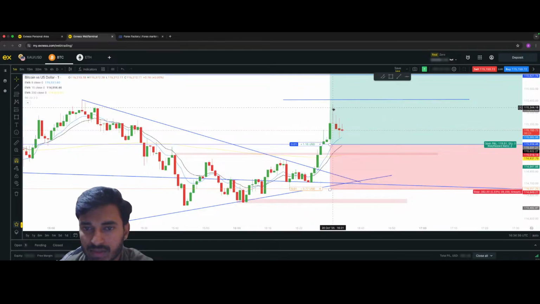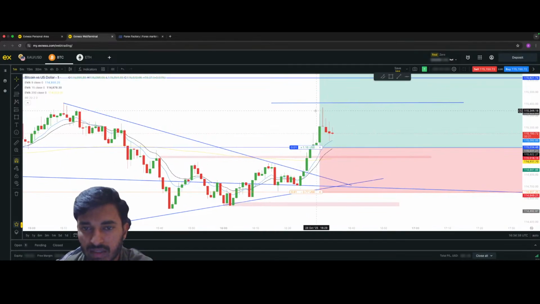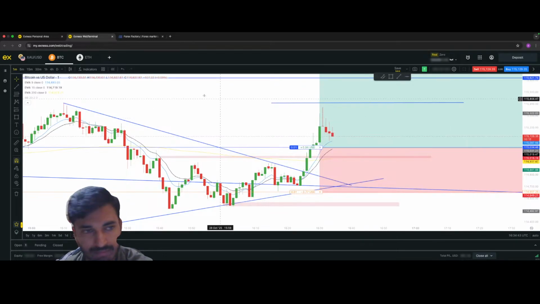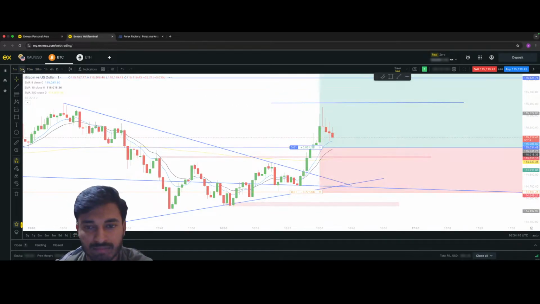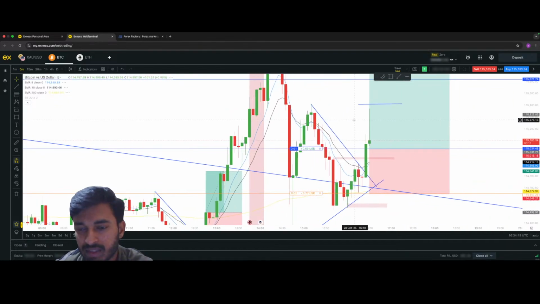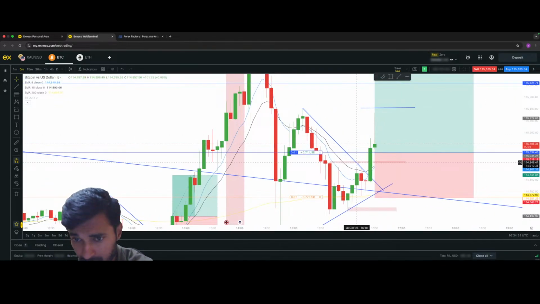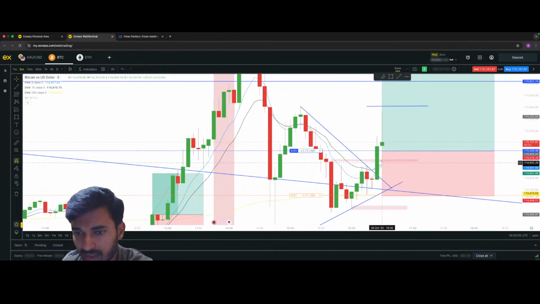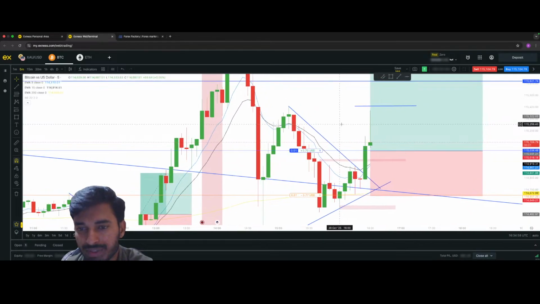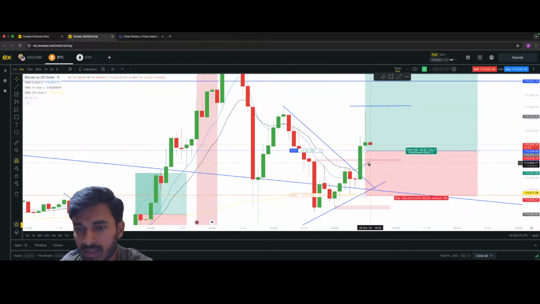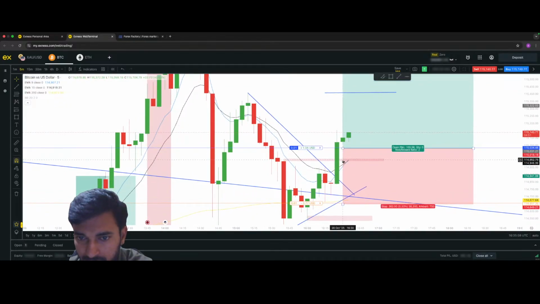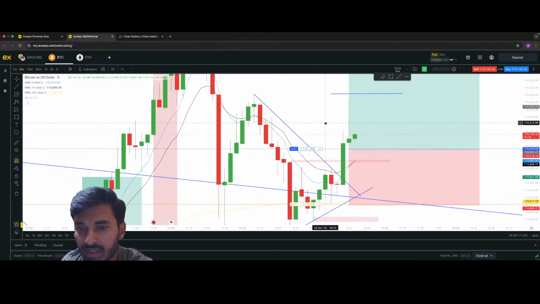You can see there is so much wick, like a gravestone doji. In 5 minutes also, 9 EMA has still not crossed above. If 9 EMA crosses above, then only it will go bullish. If this candle gives a good green candle, then the 9 EMA crosses above 15 EMA.